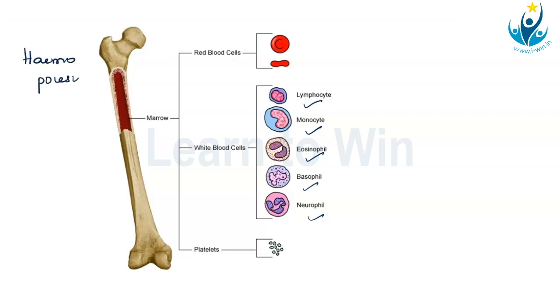It is nothing but the process of making these formed elements, RBC, WBC and platelets, mainly in the bone marrow.